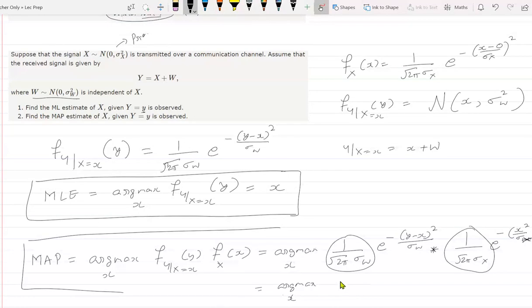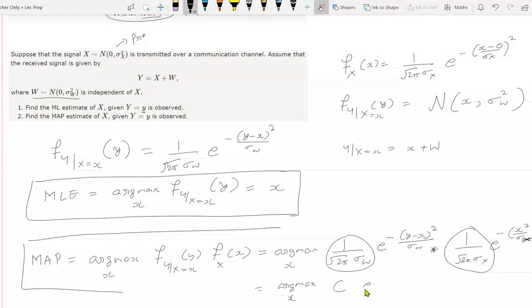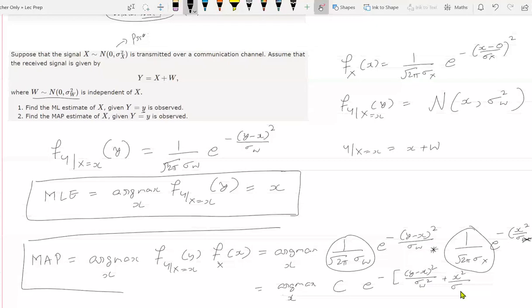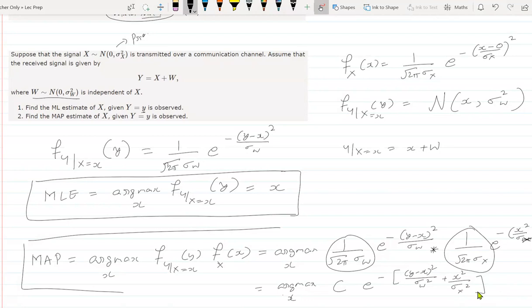So this is some constant c into e raised to minus, inside the minus there is y minus x the whole squared divided by sigma w squared, and x squared divided by sigma x squared. Is that clear?